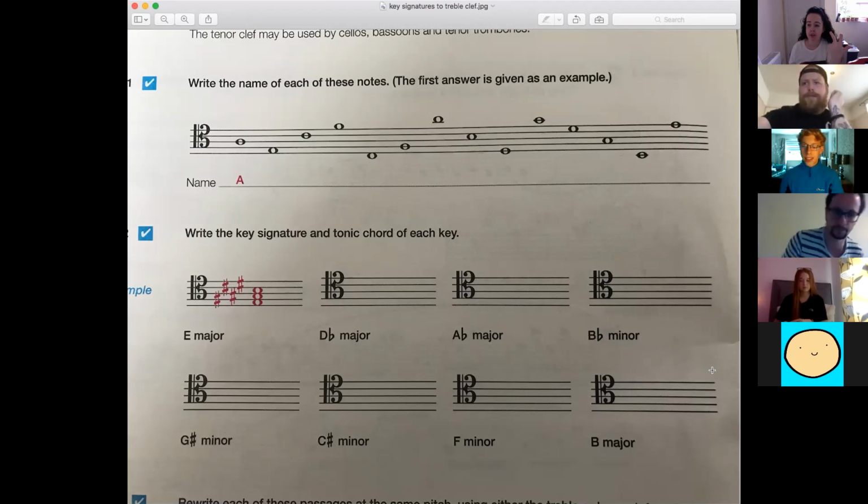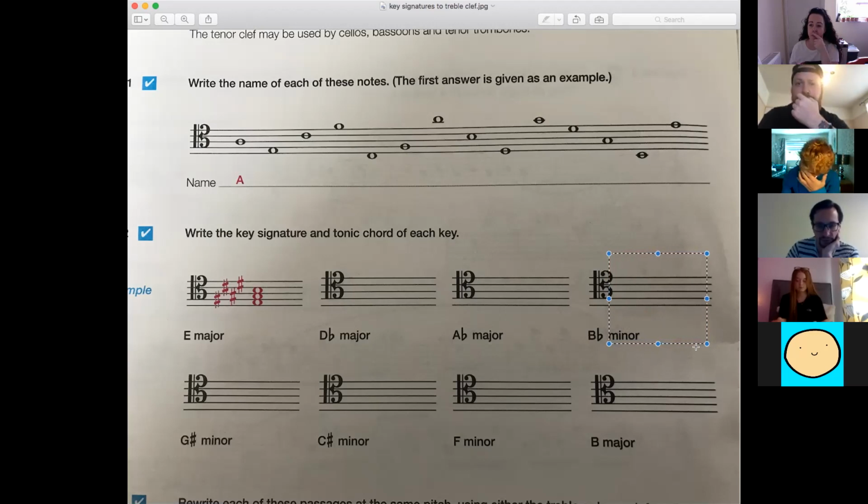D flat, well done. So this key signature is going to be the same as D flat major then. So how many flats will we have in there?